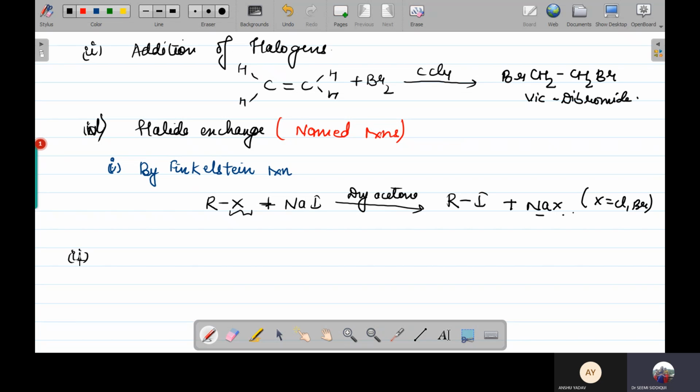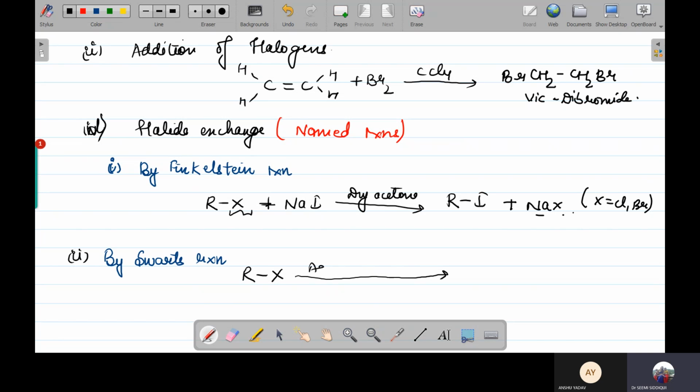The second reaction in this case is the Swarts reaction. Now, what is this Swarts reaction? Again, we have taken an alkyl halide. In this, we have a variety of reagents.